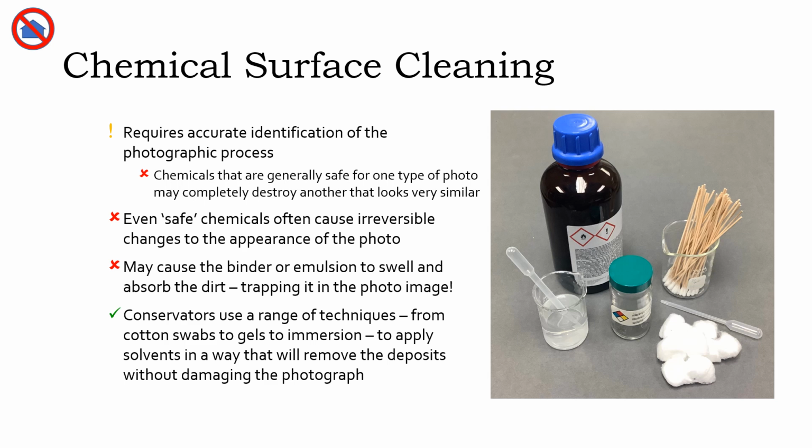When the deposits are more generalized, the conservator may use a poultice to apply the solvent evenly over the whole photograph or larger area. Gel poultices often incorporate a tissue layer to keep any poultice material from being left behind on the photograph. Sometimes the conservator may choose immersion, usually using the same kinds of chemicals that were used to process the photographic materials originally.